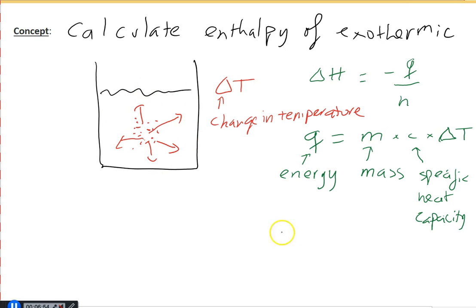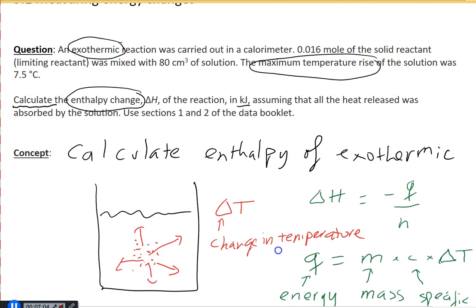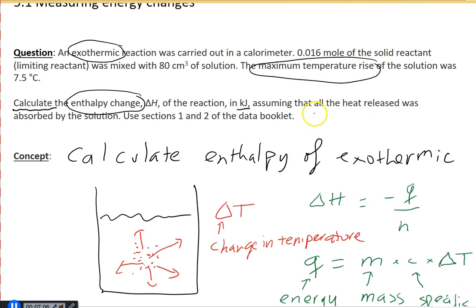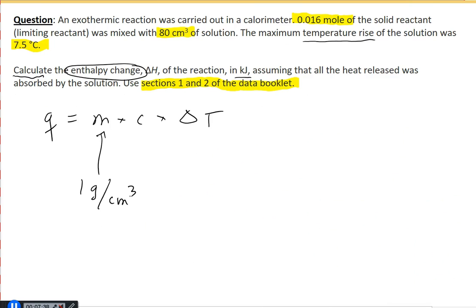So really all of this pertains to water. And our assumption, looking back at the question, is that all heat released was absorbed by the solution. 1 gram per centimeter cubed is the density of water, which we will assume to be true for the solution. So having 80 centimeters cubed, that's 80 grams, right?